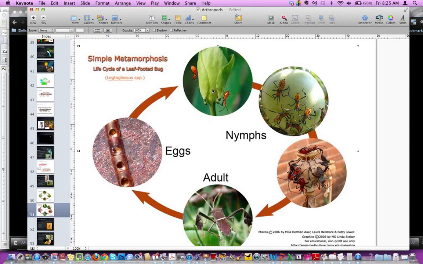And the nymph is kind of like a smaller version of the insect. Although they still may look different, they definitely look like an insect. And so instead of going through a pupal form where it grows and develops inside a case, the nymph just grows larger and larger until it becomes an adult. So again, this is incomplete metamorphosis or simple metamorphosis. And the difference is the eggs develop into a nymph stage, which is kind of like a smaller version of the adult.